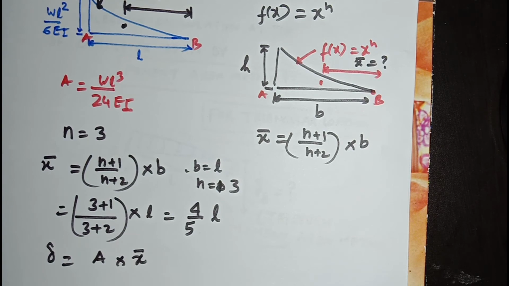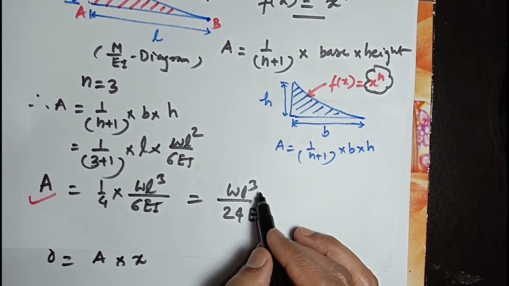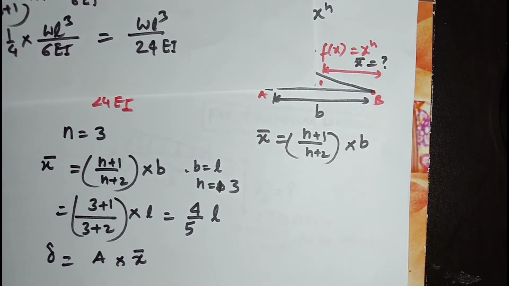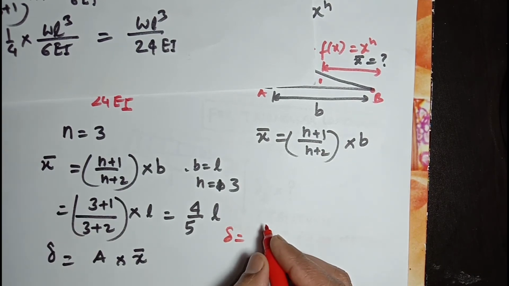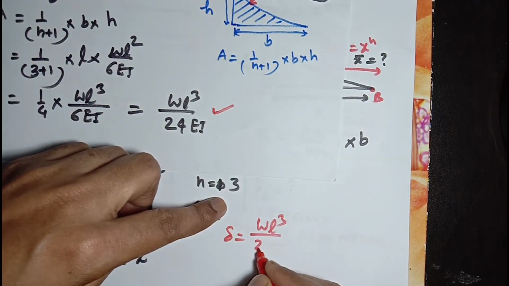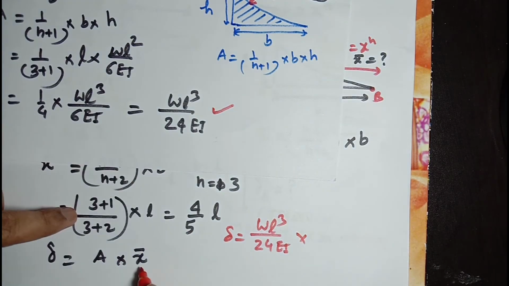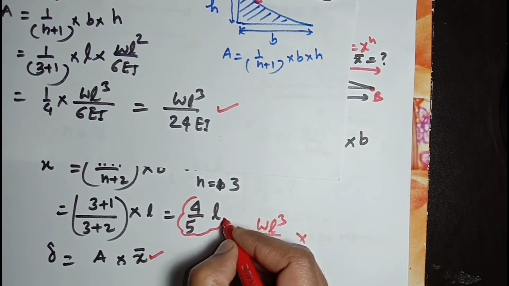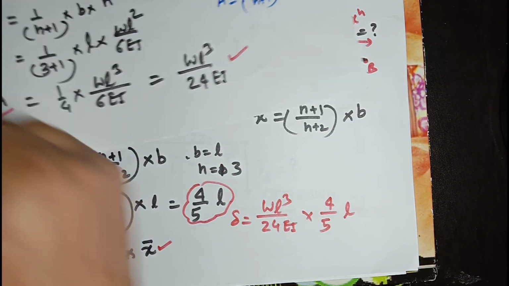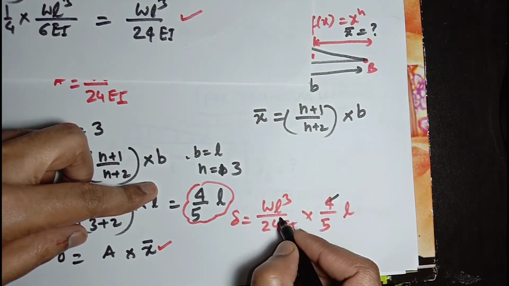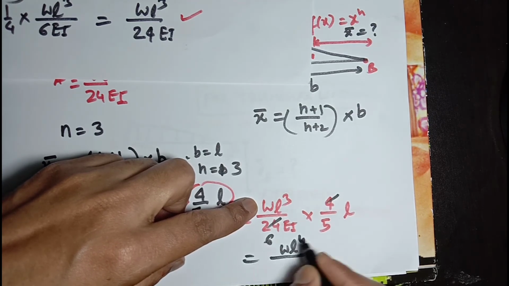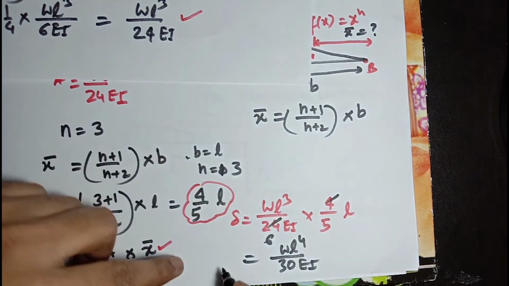Area calculated is wL to the power 3 divided by 24EI, and x bar is 4 divided by 5 into L. So delta will be, in place of A we will put wL cube divided by 24EI, and in place of x bar we will put this value, 4 divided by 5 into L. 4 divided by 24 will be 1 by 6. So it will be wL to the power 4 divided by 30EI. This is delta B.